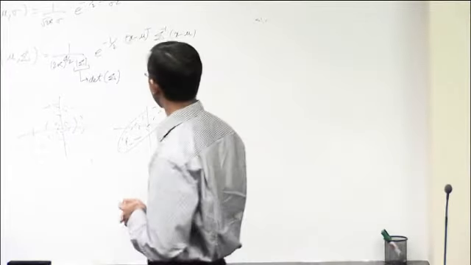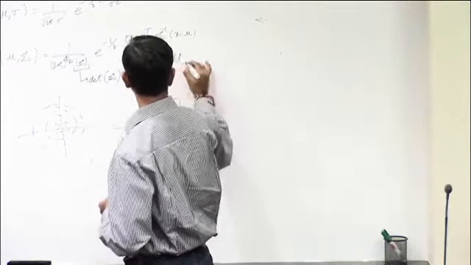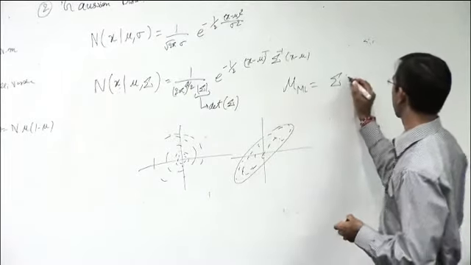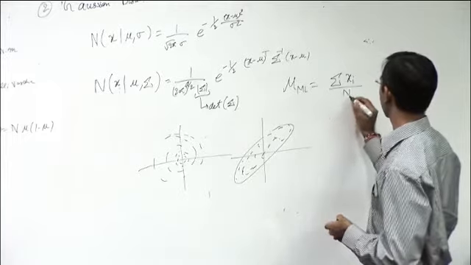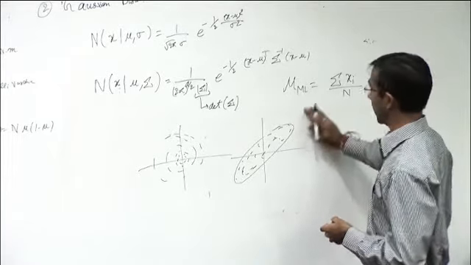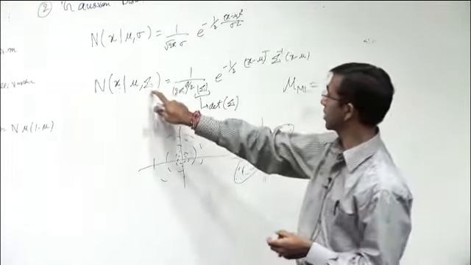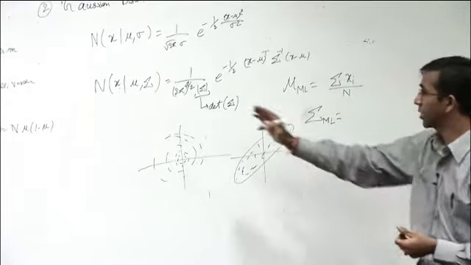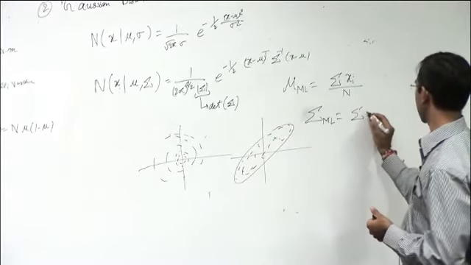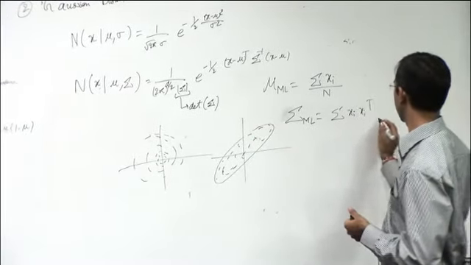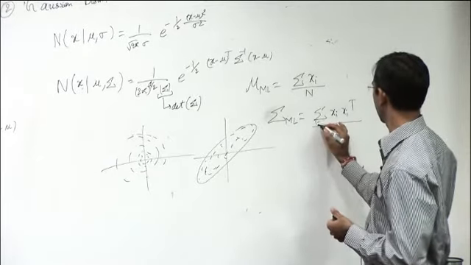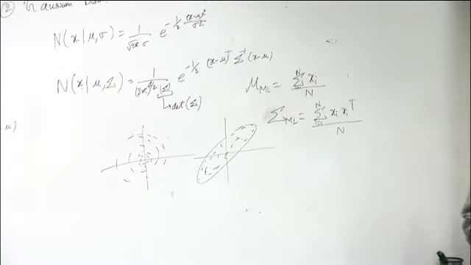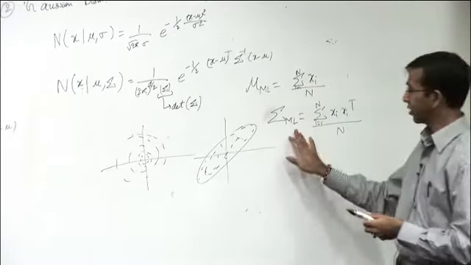Again, some very simple things: if you do your maximum likelihood estimate of your Gaussian, you will have summation xi by n. You will have to do your estimate of sigma also. The maximum likelihood estimate of your parameter sigma is given by summation xi xi transpose by n. So these are just maximum likelihood estimates.